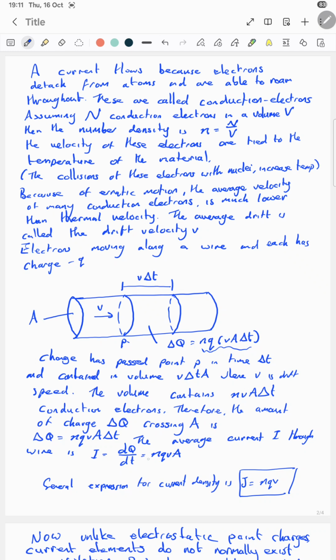Therefore, the amount of charge delta Q crossing A is delta Q equals n q v A delta t. The average current I through the wire is the differential charge with respect to time, which equals n q v A, where v is the drift velocity. The general expression for current density is given here.